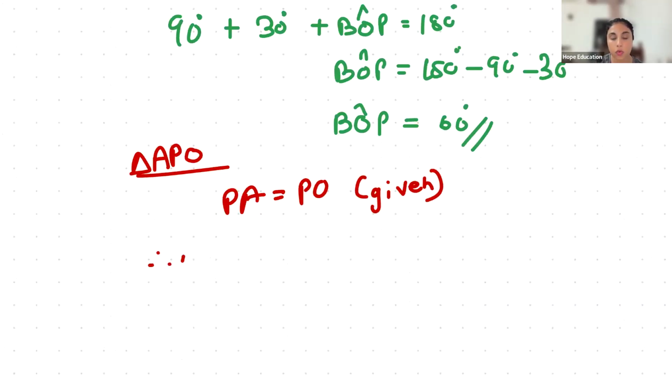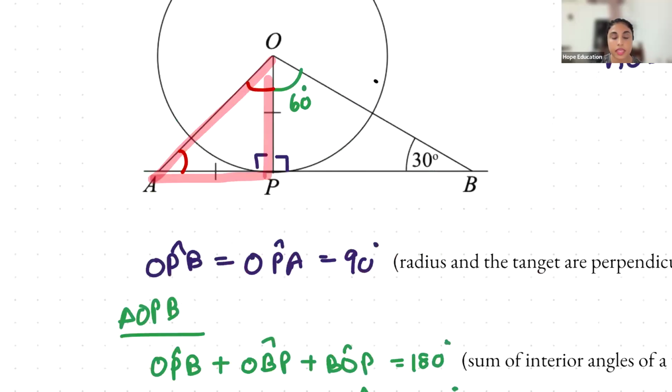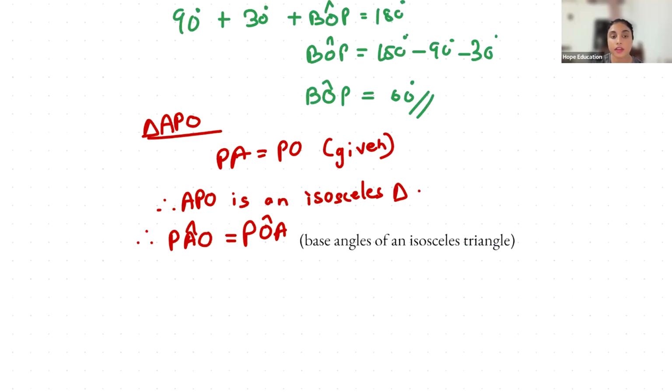Therefore, APO is an isosceles triangle. Therefore, PAO is equal to POA, because they are base angles of an isosceles triangle. Now, let's add the interior angles.